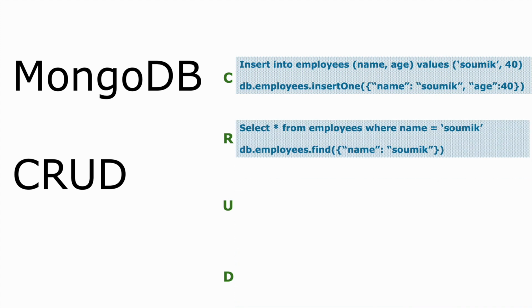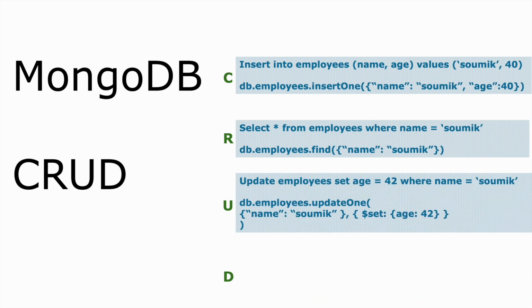You will see the same thing in the select query. As you can see, it selects star from employees where name equals Shomik. The MongoDB equivalent is db.employees.find, and then the criteria. The criteria is always given in a JSON format.